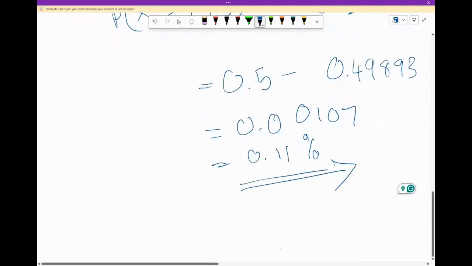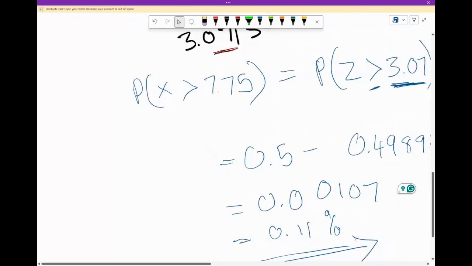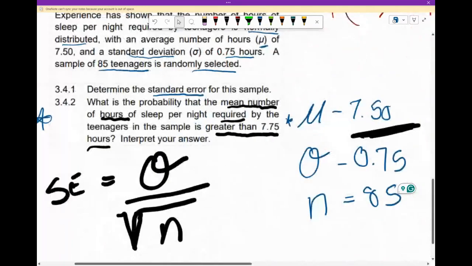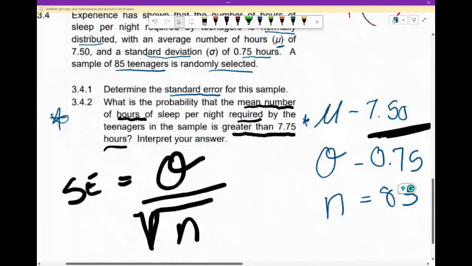So again, when interpreting, what are we saying? We're ending here. Somebody give us the interpretation. And remember, there's someone on the other side of a YouTube channel somewhere that's listening to you. No pressure.